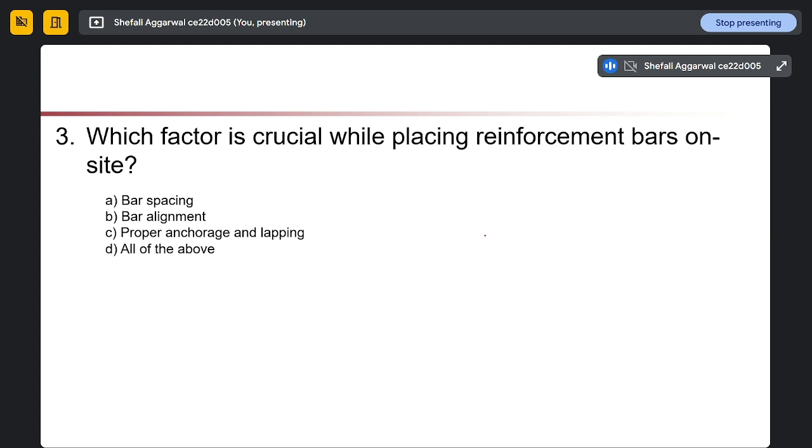Other than this, what are the other mineral admixtures which can be used as an alternative to fine aggregates or as an alternative to cement? Fly ash, which is already being marketed as PPC cement, pozzolana Portland cement, and GGBS. Then we have silica fume, metakaolin, and different types of ashes, like rice husk ash.